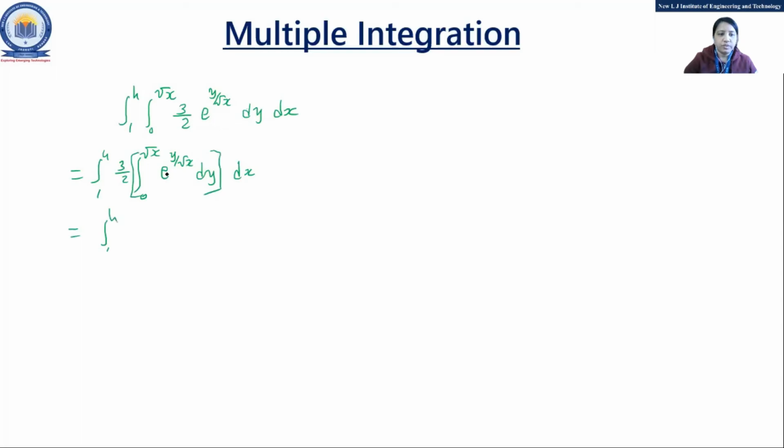Now 1 to 4, so what is the integration of e raised to y by root x? It is e raised to y by root x upon 1 by root x, with limits 0 to root x, dx. Root x you can take out as a common factor, because it is considered a constant, since we integrated with respect to y.